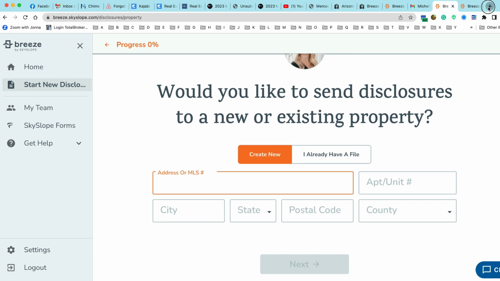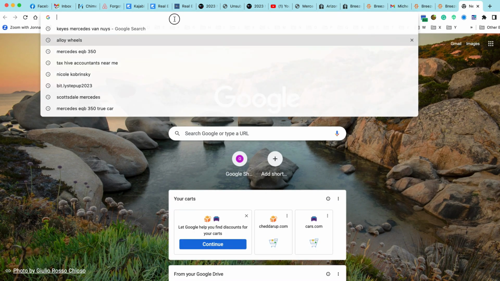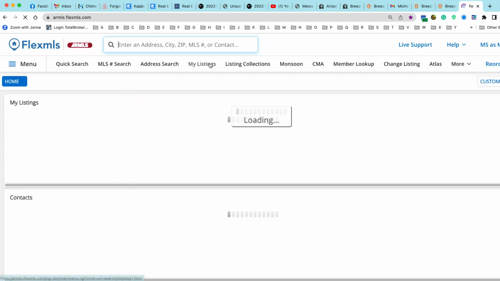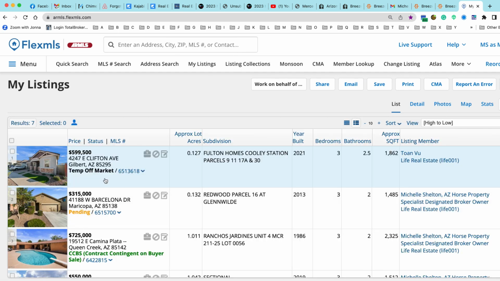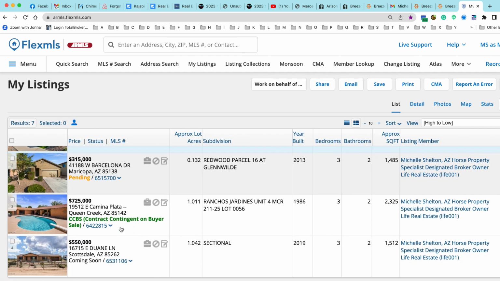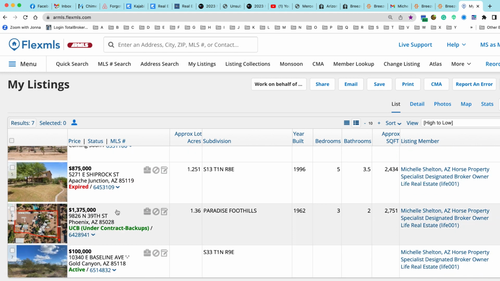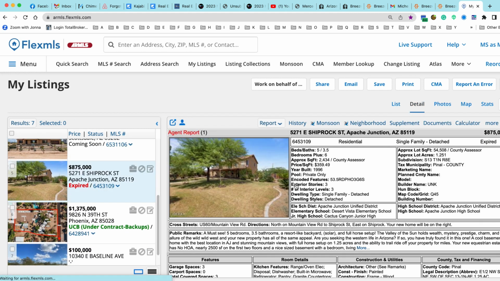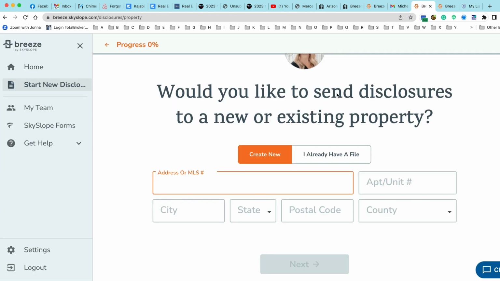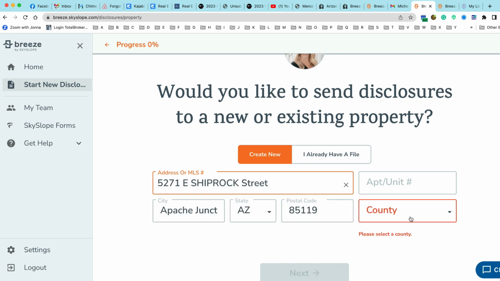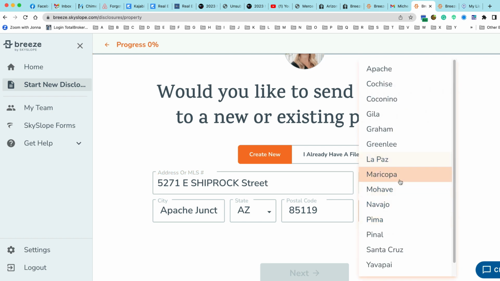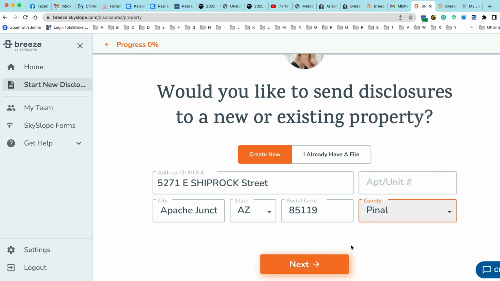Actually, let me go on to my, let's pick one of our listings and we'll just do one of the ones that are already closed, or this one's fine. Do this one. Let's try the MLS number and see how that works. Yep, there it is. That's pretty slick. I like that. And that one is in Pinal County.